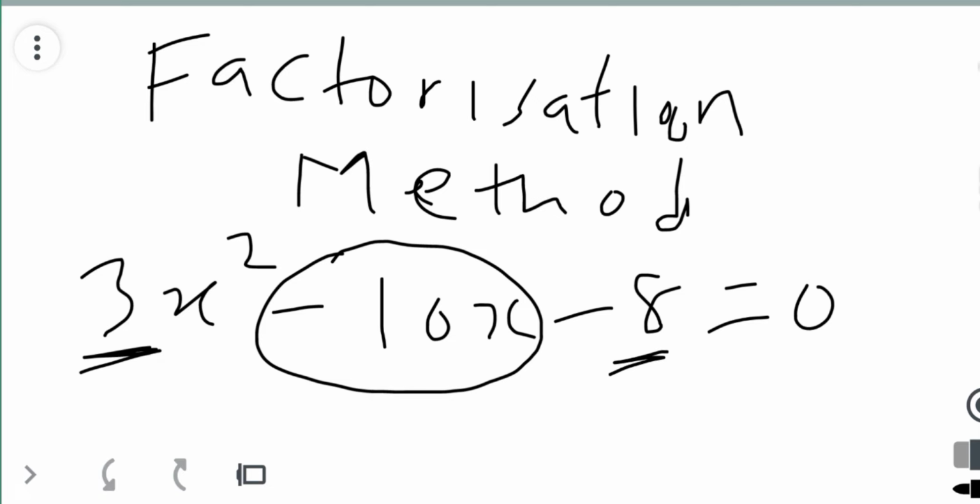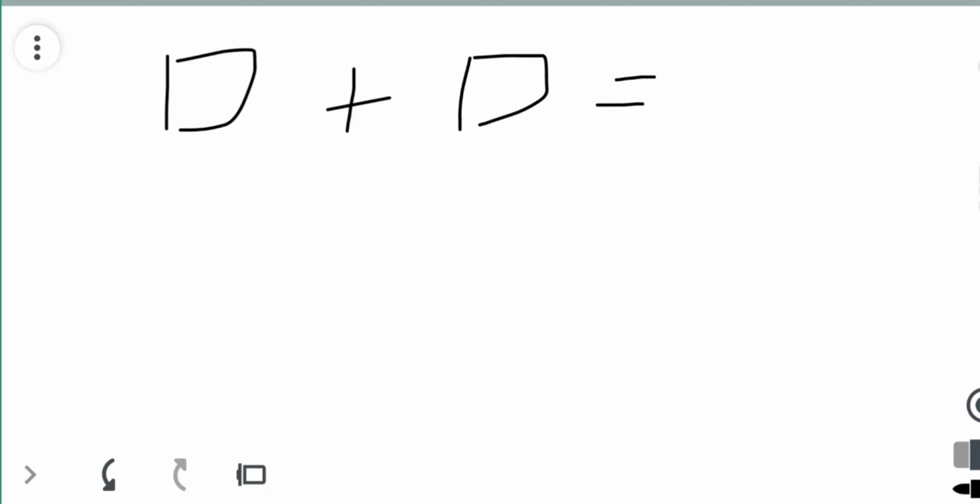Now we ask ourselves for two numbers that, when added together, will give us the one in the middle. So box plus box equals minus 10x.